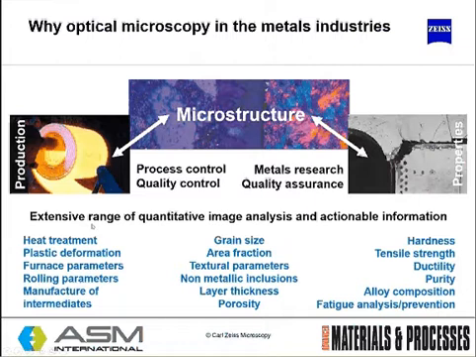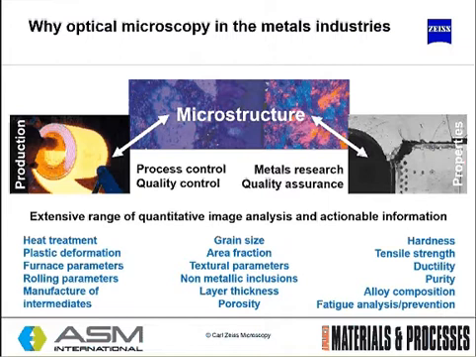On the production side, the use of microscopy can then be used for optimization of the parameters within the steel mill. So the heat treatments that are required, the plastic deformation that is present within a steel, the recrystallization and annealing that is required upon a certain piece of steel, the furnace parameters and the rolling parameters within the mill.